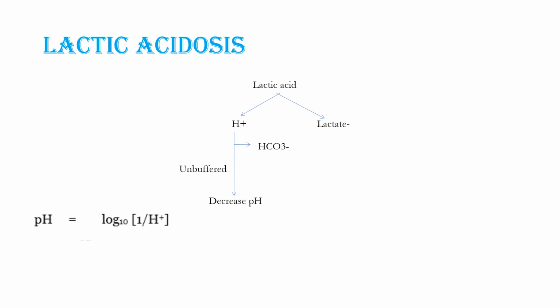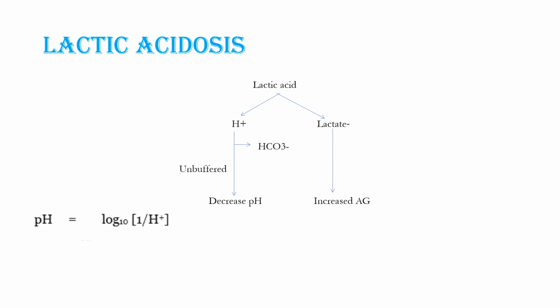So hydrogen ion is directly related to the calculation of pH. Lactate ions, anions, on the other hand, are responsible for increasing the anion gap. So in short, I have explained what actually happens in anion gap metabolic acidosis if it is a lactic acidosis.